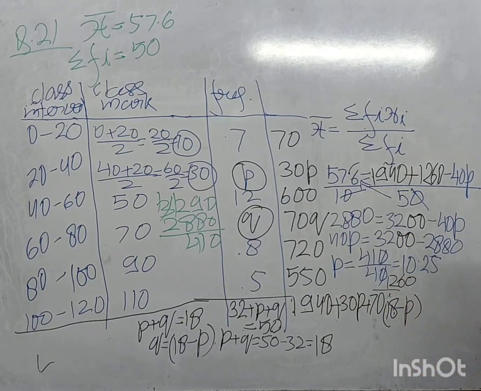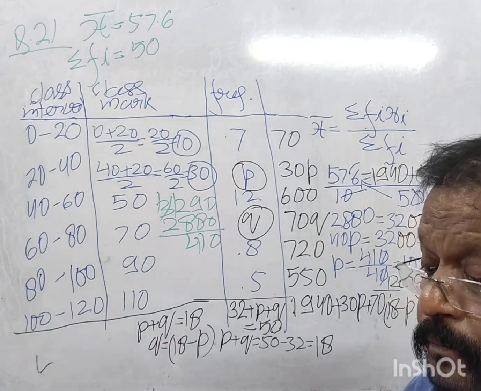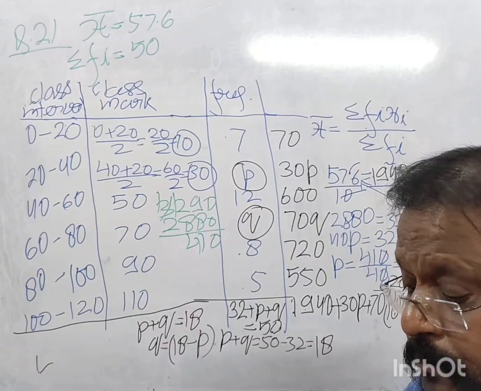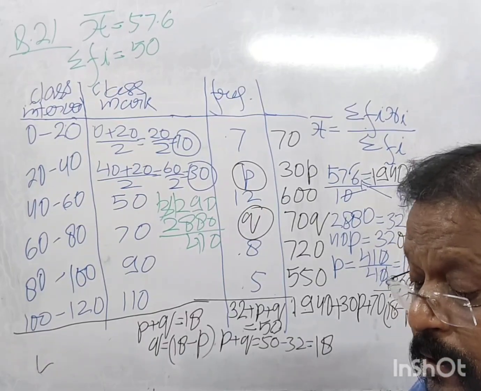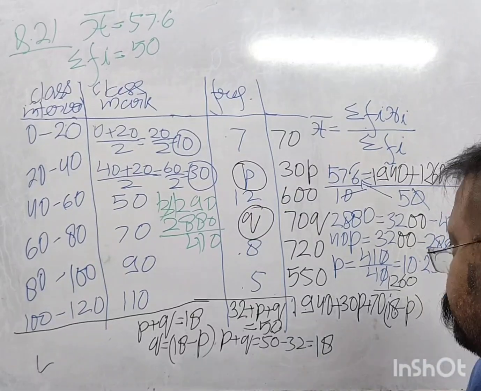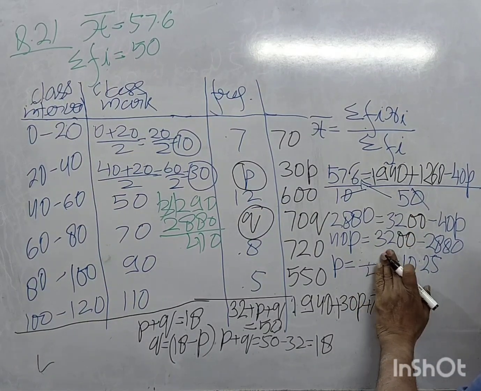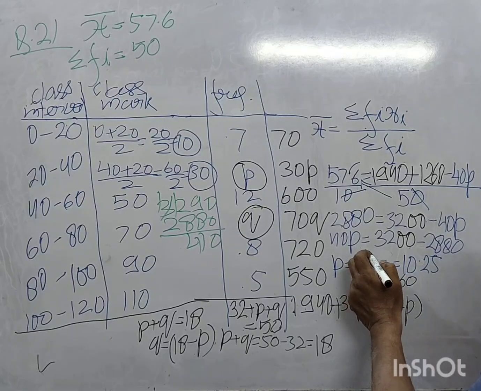becomes 40 minus 2880, 320. That will come 320.